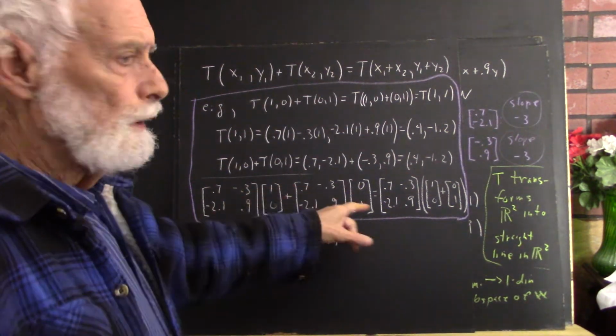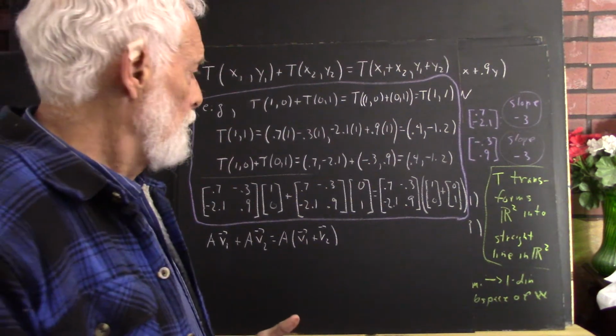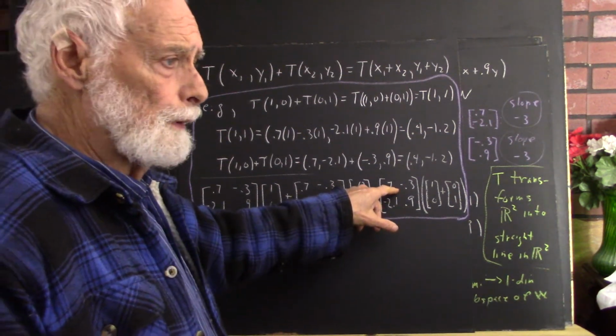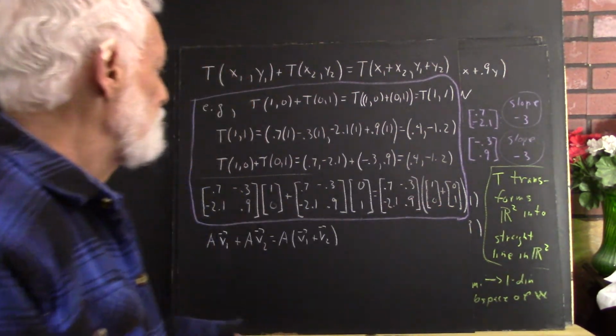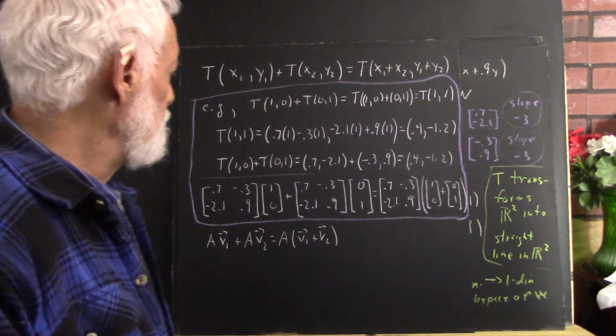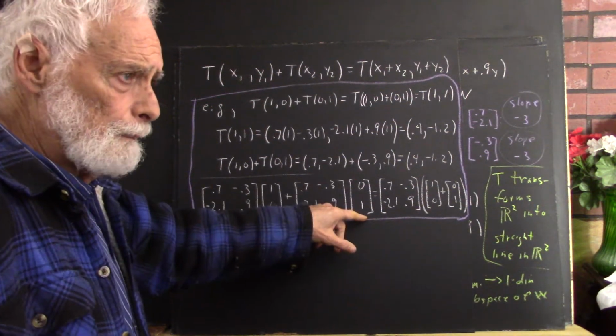And that has to equal, because of the properties of matrix multiplication that we're very familiar with, what we get if we multiply this matrix by the sum of these two vectors. This is guaranteed. We don't have to do the calculation to prove it. And it's guaranteed no matter what these two vectors are.